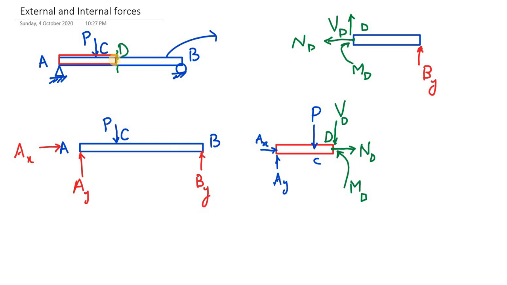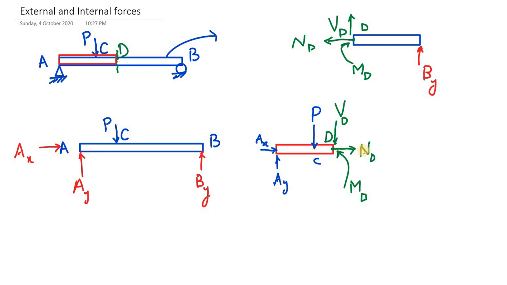In that case, you will redraw this right segment and then start drawing the forces acting on it. First is this reaction By, the potential reaction from restraint B, and then these are the same forces that I've shown over here, with the difference that they are shown in the opposite direction. What does it mean?